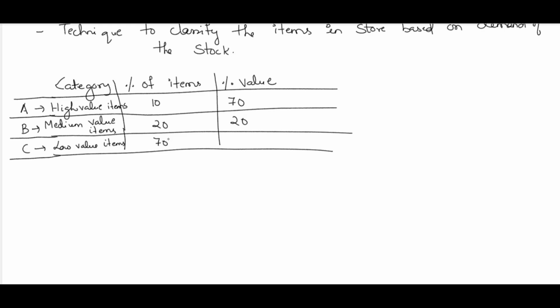It should be 20% of the total items, and it amounts to 20% of the total amount spent on inventory. The third column is the value in terms of rupees, and the first one is the percentage of items. C category, the cheapest one, should contain 70% of the items, and it consumes about 10% of the total cost. So in this way we classify the inventory items.